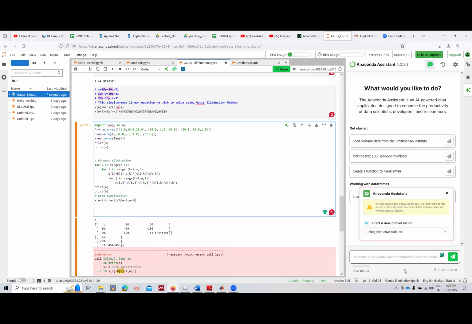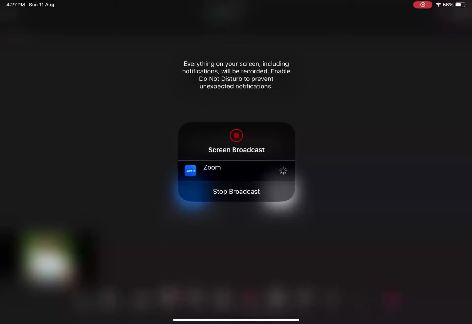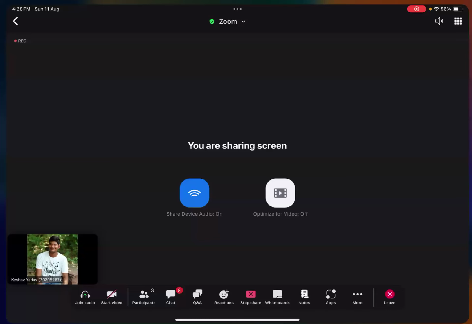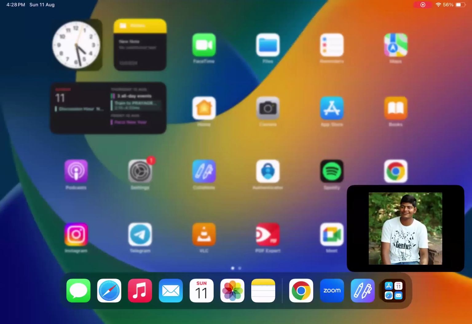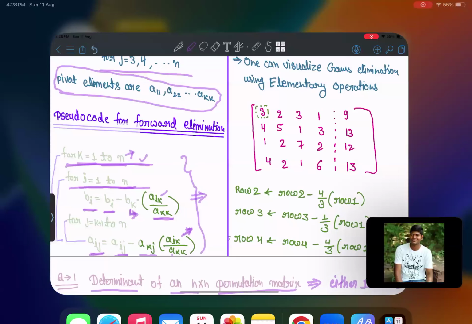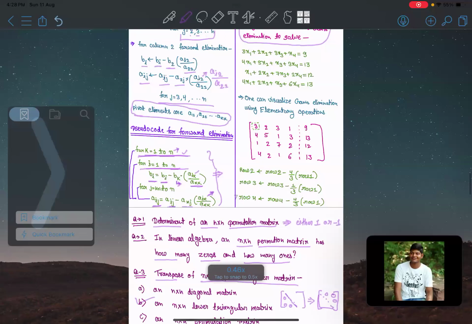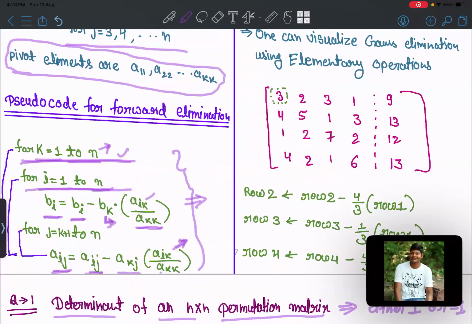Let me stop here from here. And I should start here from. So in Python, this is i equal to 0.